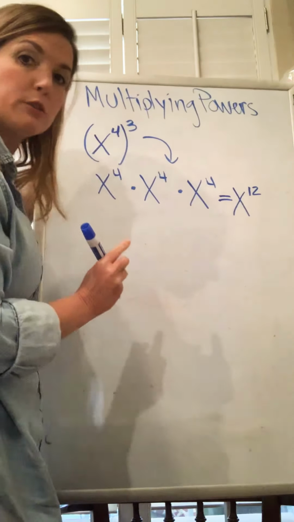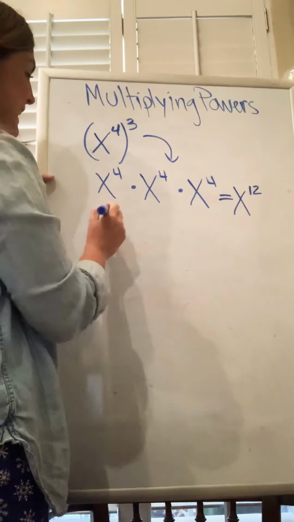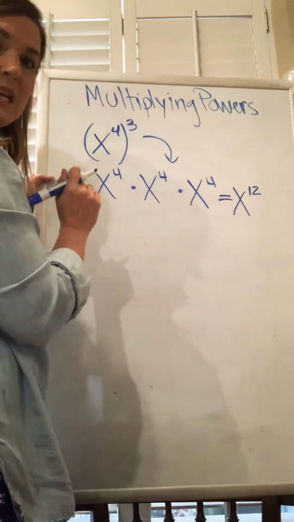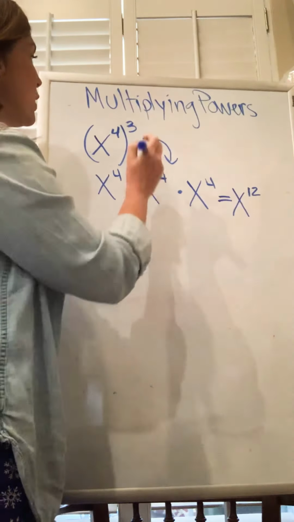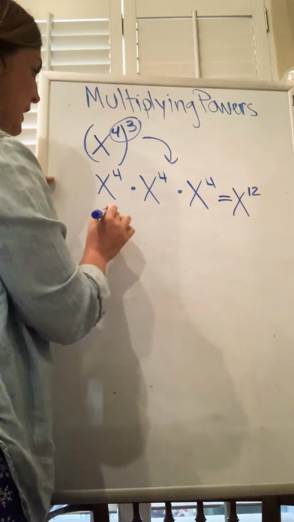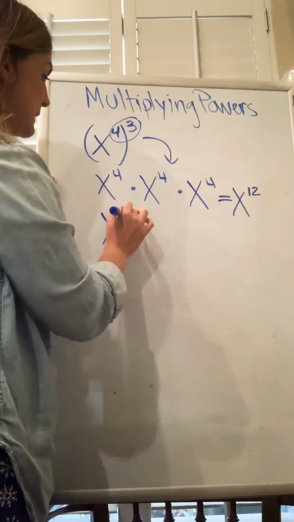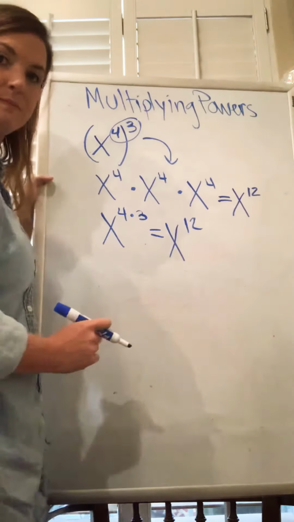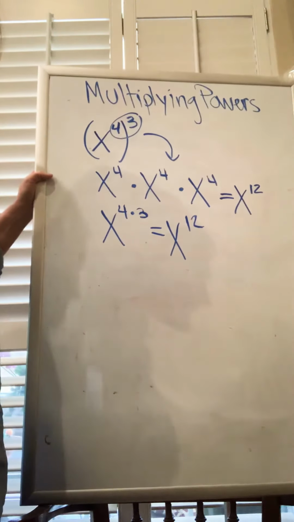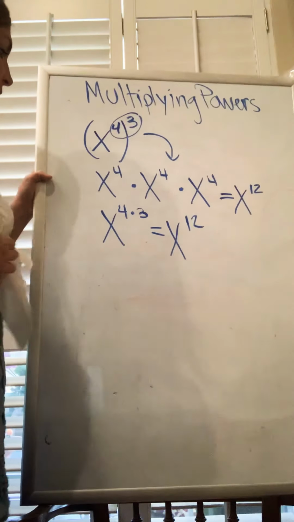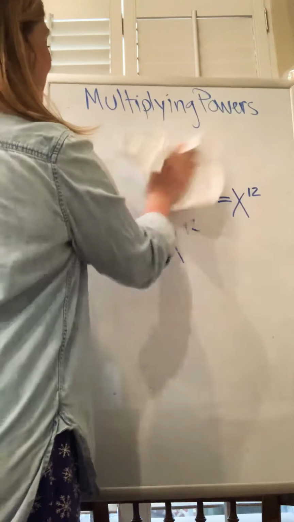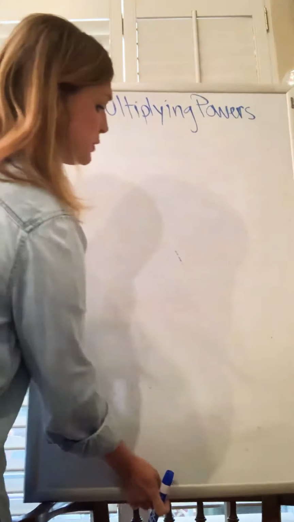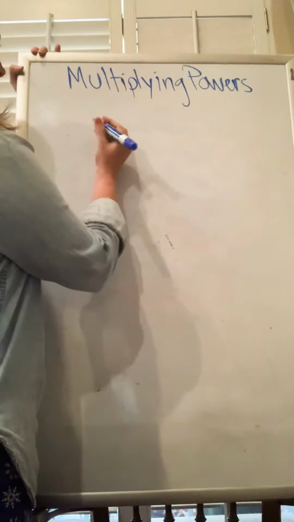So in conclusion, when we have a base raised to an exponent, raised to another exponent, we can multiply our exponents. X to the 4 times 3 is x to the 12th. This is the exact same thing if I didn't have a variable and I was using just a number.